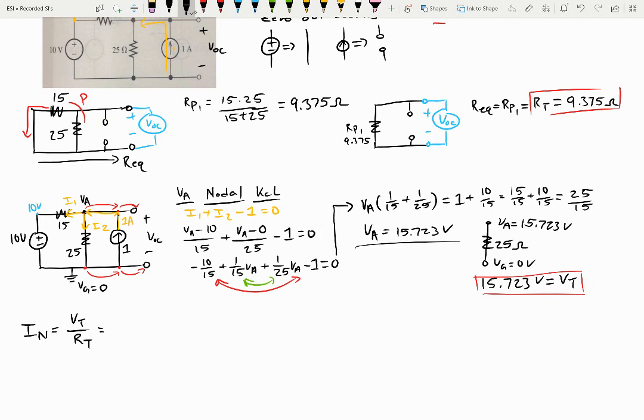So we can write 15.723 volts over 9.375 ohms. I Norton is going to be equal to 1.67 amps.